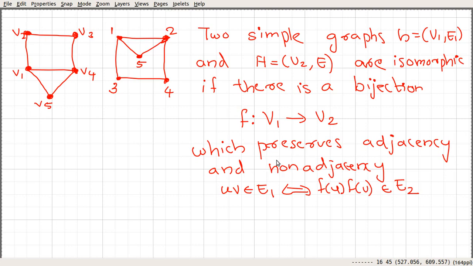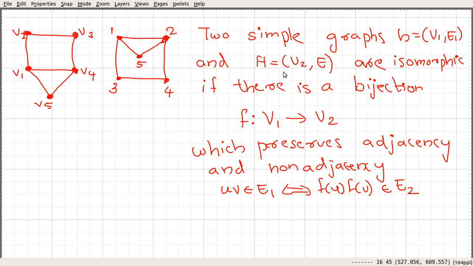That's what we mean by preserves adjacency. Non-adjacency means if two vertices are not adjacent in G, then under the map, the mapped vertices must not be adjacent in H. Anyway, this equivalence implies that also.